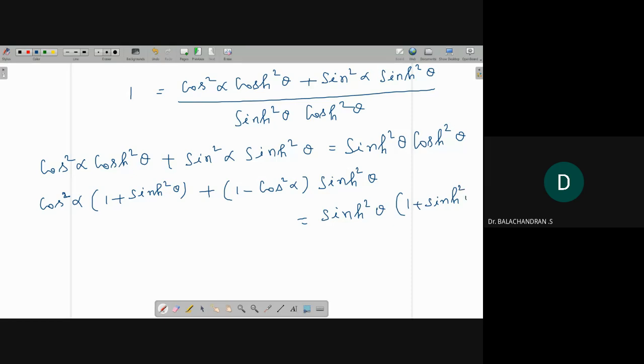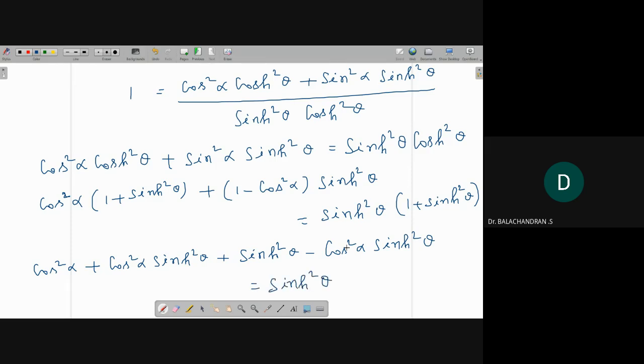So if you multiply these two: cos square alpha plus cos square alpha into sinh square theta, plus sinh square theta, minus cos square alpha into sinh square theta, is equal to sinh square theta plus sinh power 4 theta.